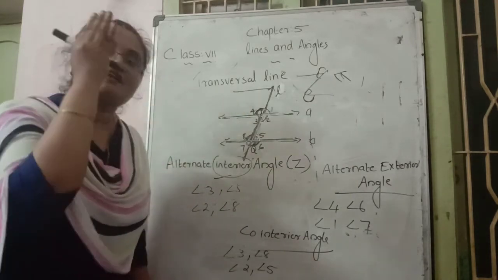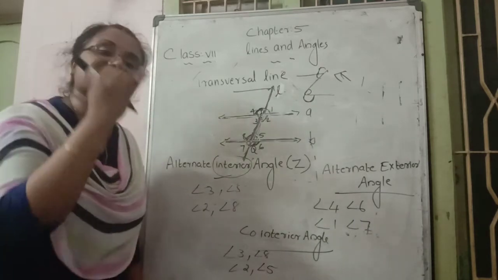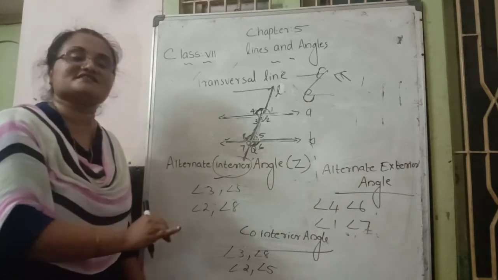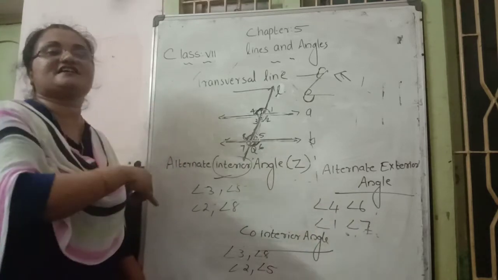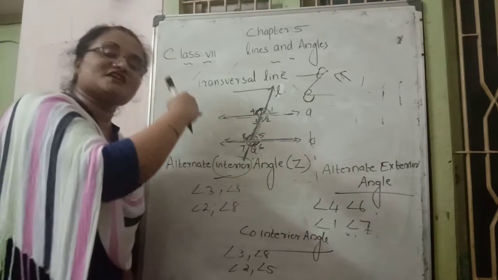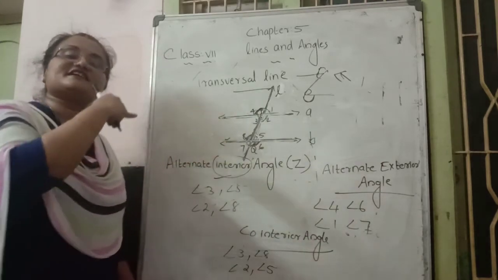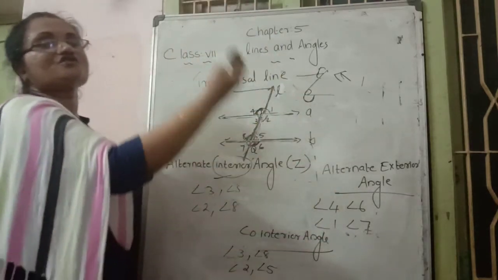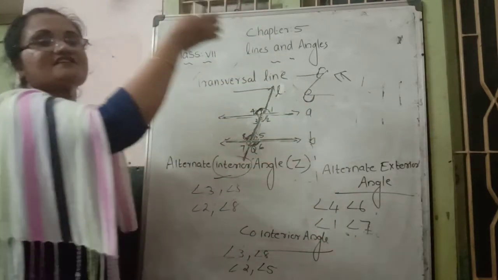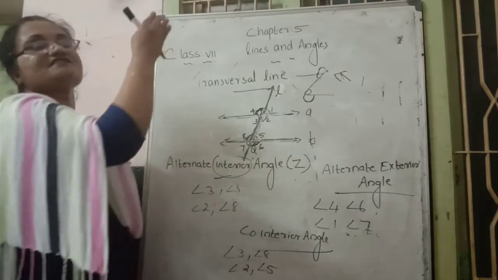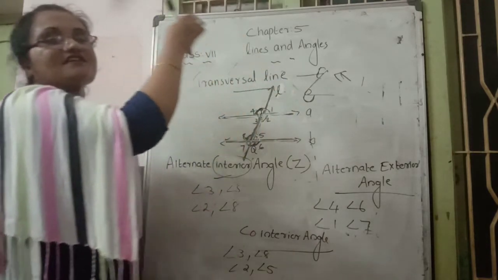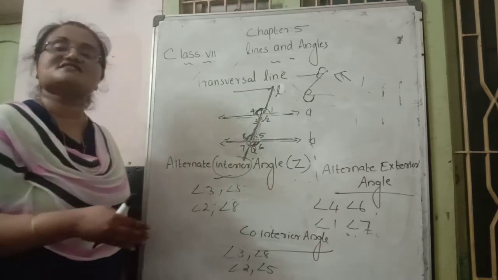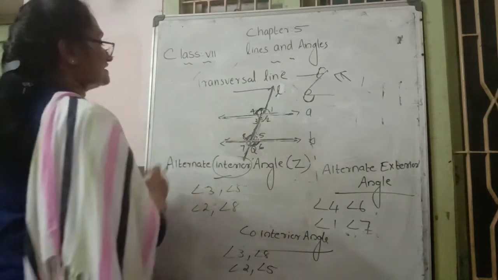Corresponding angle means considering the top angle of the first line and the top angle of the second line, on the left side; then the bottom angle of the first line and the bottom angle of the second line. On the right side also, top angle of the first line with top angle of the second line, and bottom with bottom. They are known as corresponding angles.